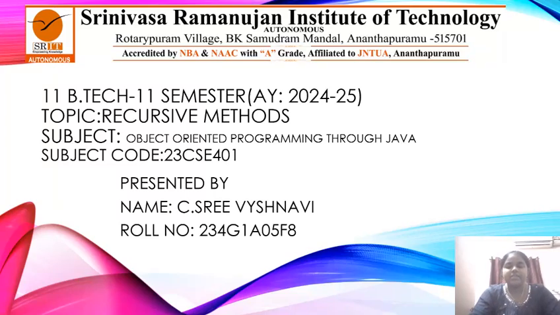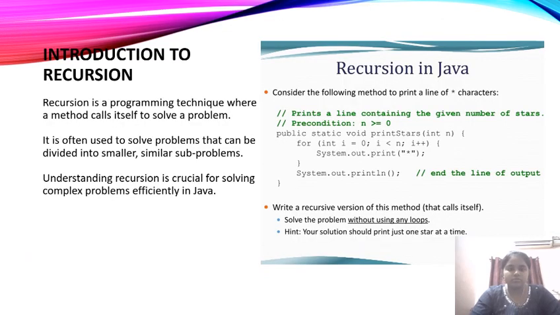I am from CSCC. So today my topic is the recursion method. Introduction to the recursion method. Recursion is a programming technique where a method calls itself to solve problems.